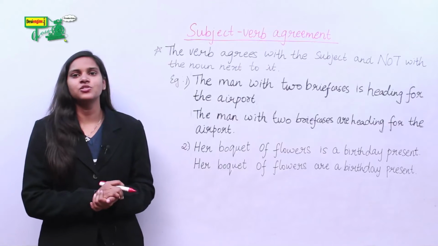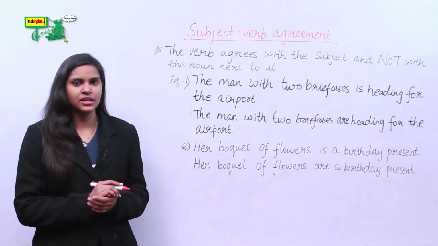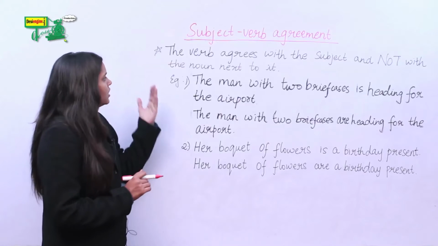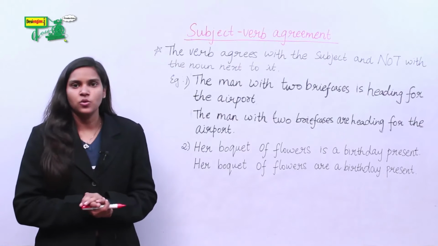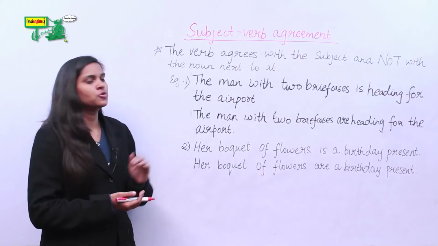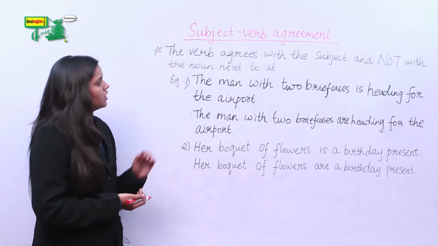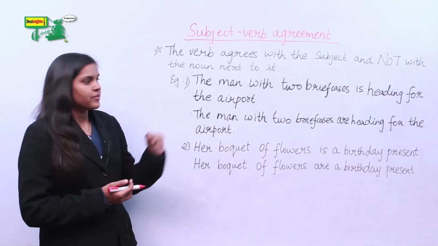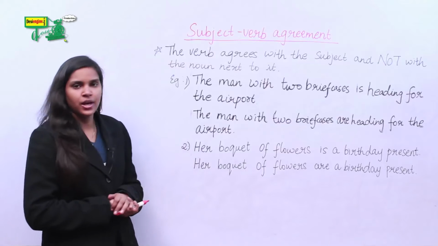There are certain other rules to be followed in our topic of subject-verb agreement. Let's go through that. The verb agrees with the subject and not with the noun next to it. I have given you a few sentences as examples to clear this rule. The man with two briefcases is heading for the airport.